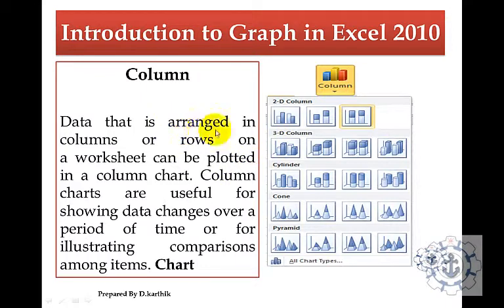Moving to column chart, data that is arranged in columns or rows on a worksheet can be plotted in a column chart. Column charts are useful for showing data changes over a period of time. Whenever there is a change of data over a period of time, we can use a column chart.